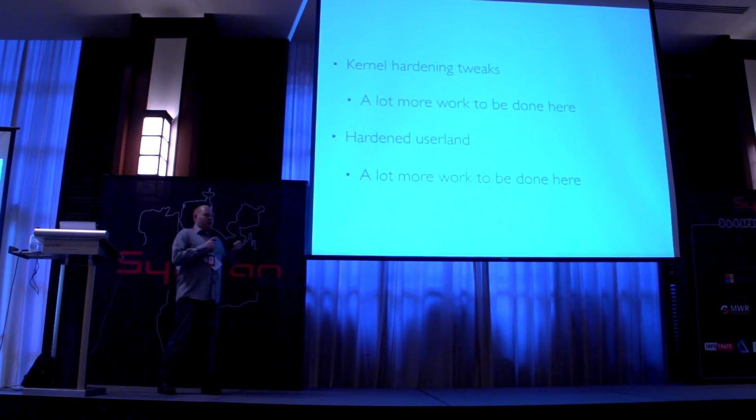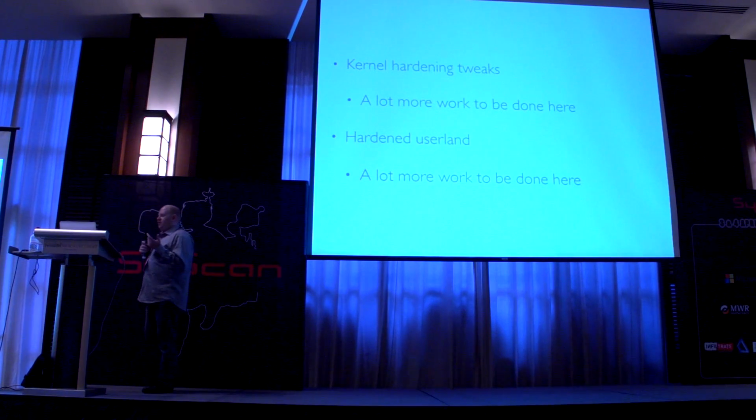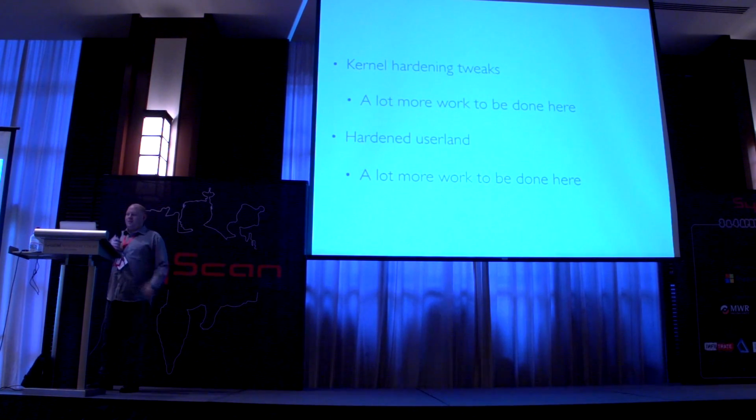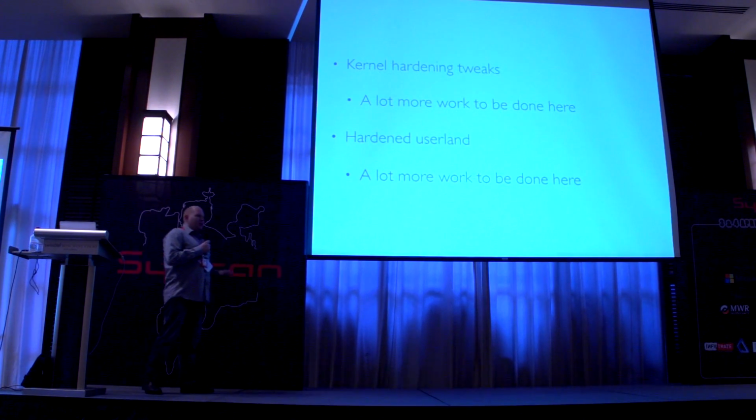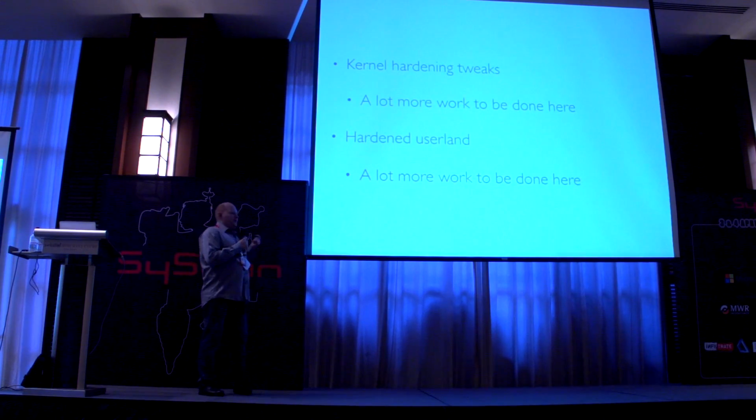I've got a subset of the GRSec patches, but I have not successfully applied them and gotten it to boot. Someday soon. The userland has been hardened, again, primarily by removing things. There's a lot more to be done.